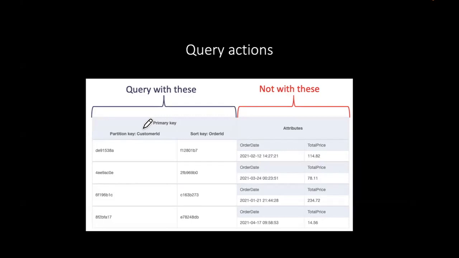So we can only run queries against these two attributes of our orders. If we want to query against the non-primary key attributes, then you have to use the scan operation. And we already said that a scan operation means that DynamoDB actually has to check every single partition to find the items that you're looking for.